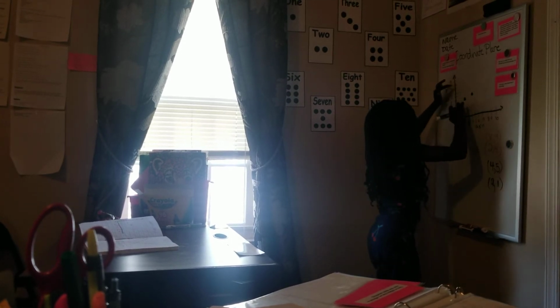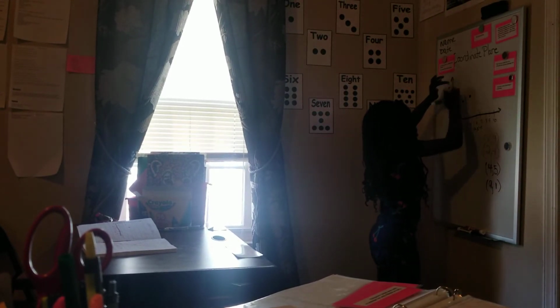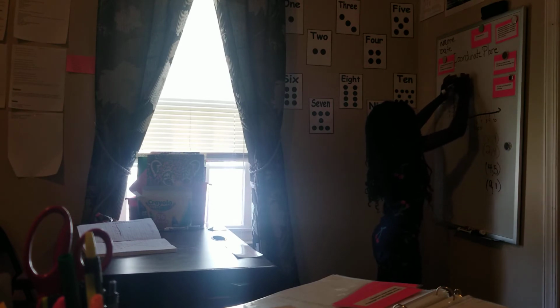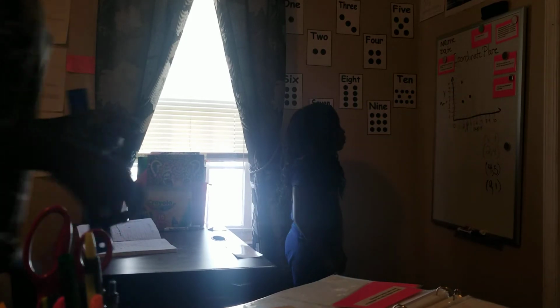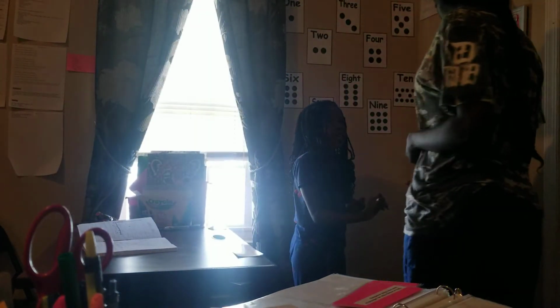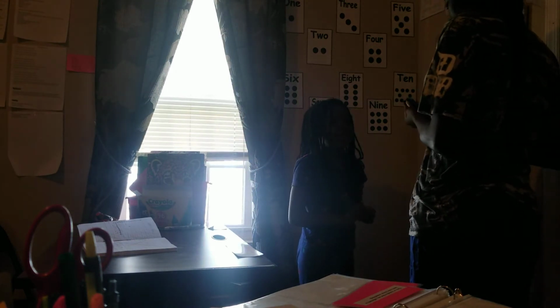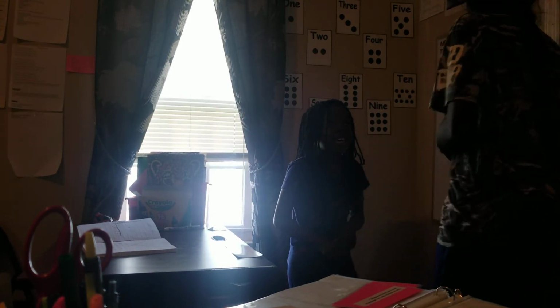Oh my God. They need it right there. Okay, Mommy, I had to fix it. Okay. Here you go. Thank you. Go sit. Did I make a mistake? Go sit.